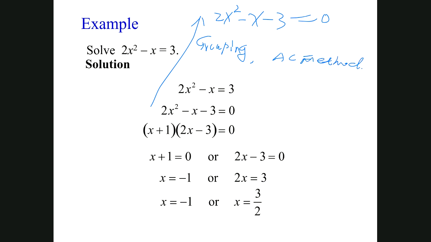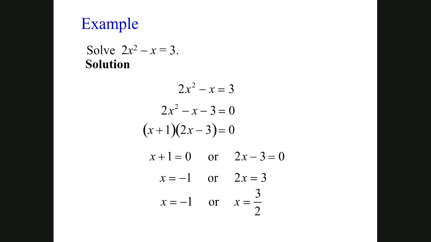The AC method is I'm going to find my A and C together. So what is my A in here? Let's write down the lowercase. We have a 2x squared minus x minus 3 equal to 0.